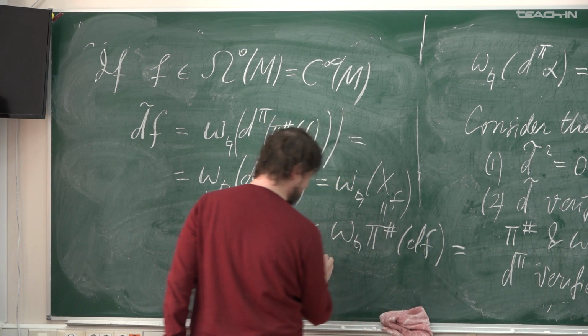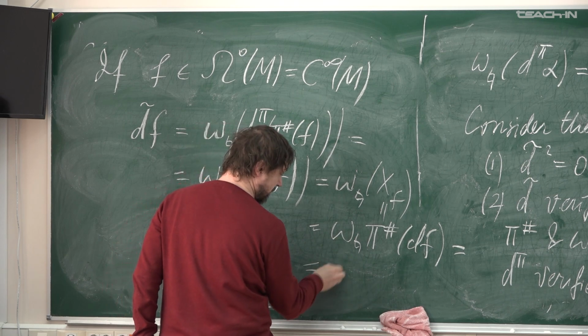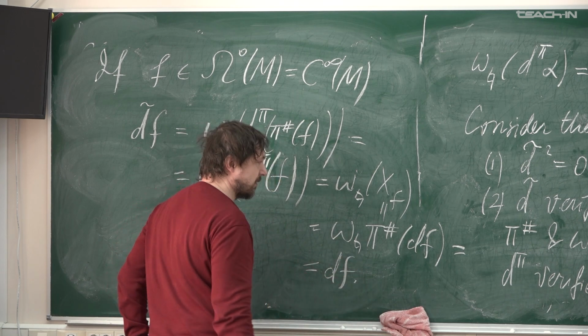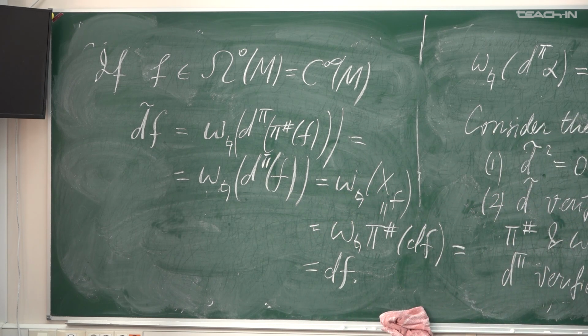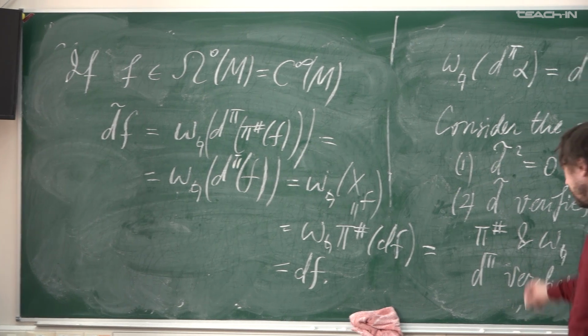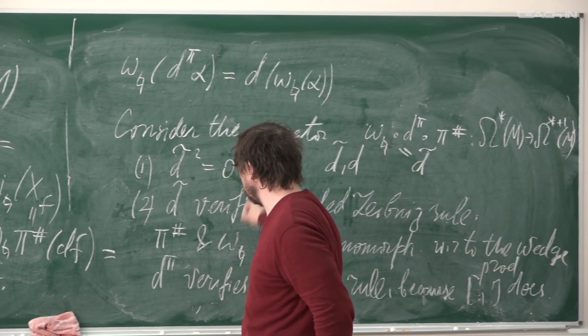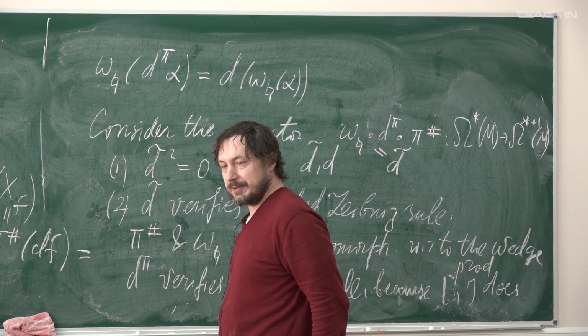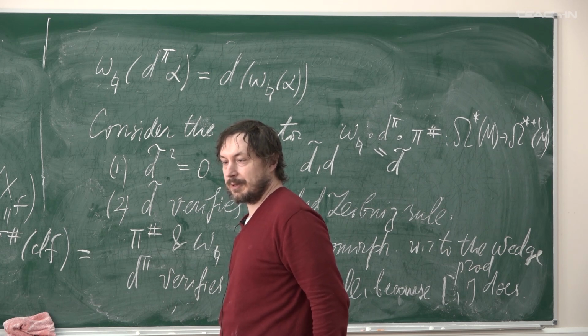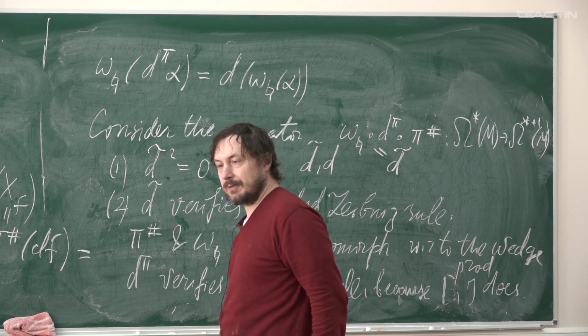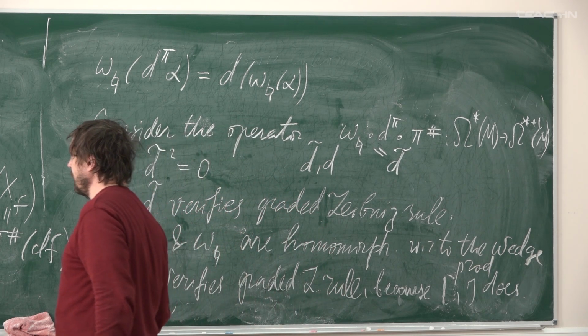But since omega and pi sharp are mutually inverse, we just get df. And that actually completes the proof, because since this holds, these two operators, d and d tilde, have the same properties 1 and 2, and also agree on the elements of degree 0, they should agree everywhere. And that's all. Okay.